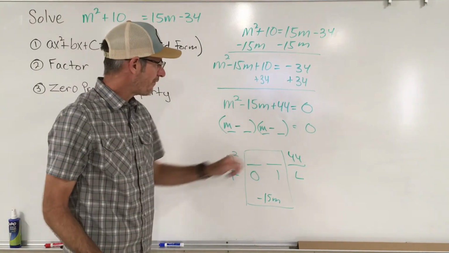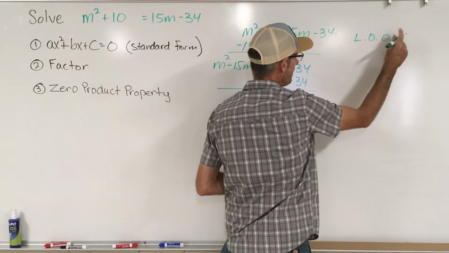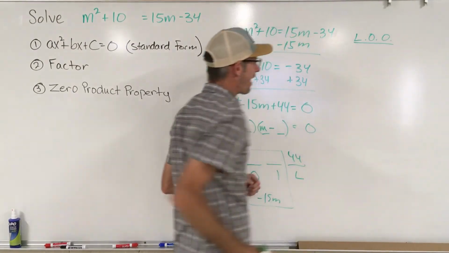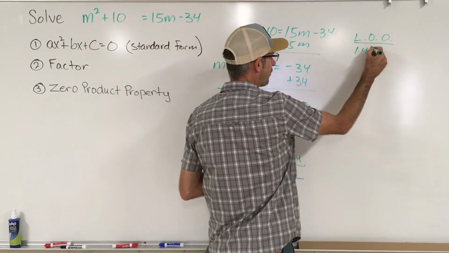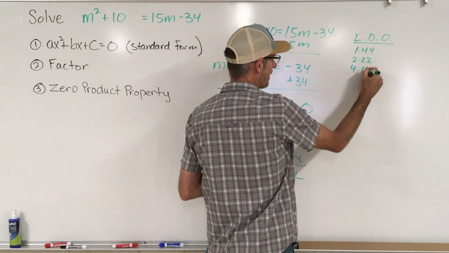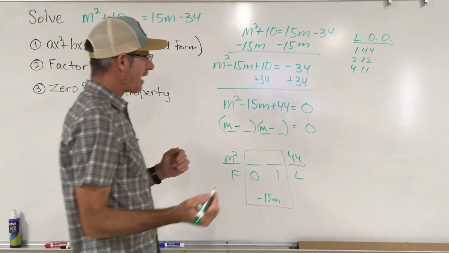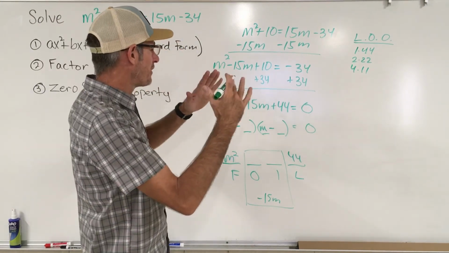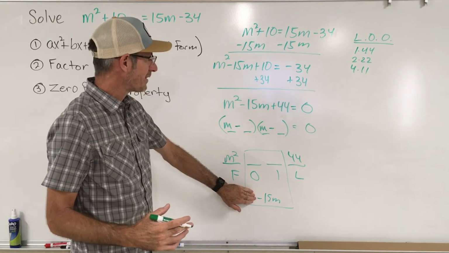So now for 44, I've got to go over to the land of opportunity and figure out how can I get 44? What opportunities do I have? 1 times 44, 2 times 22, 4 times 11, and I think that's it. So now I'm going to see all of those multiply to 44, but I need to find one that either adds or subtracts to 15.